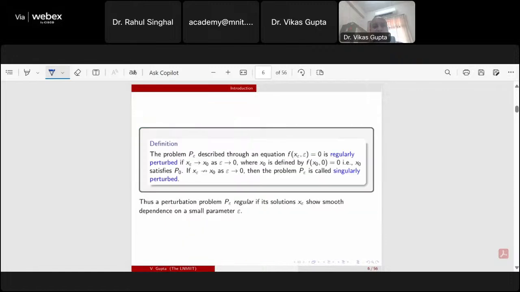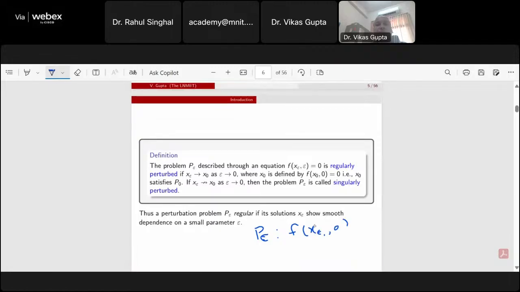So we can define regularly perturbed problem and singularly perturbed problem in this way. Suppose you have a problem P epsilon, which is described through an equation f(x, epsilon) equal to 0.